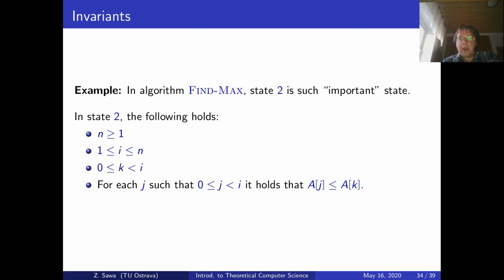So it is more common to give such less formal arguments where we just specify these most important parts of the invariant, and we specify them only for those important states.